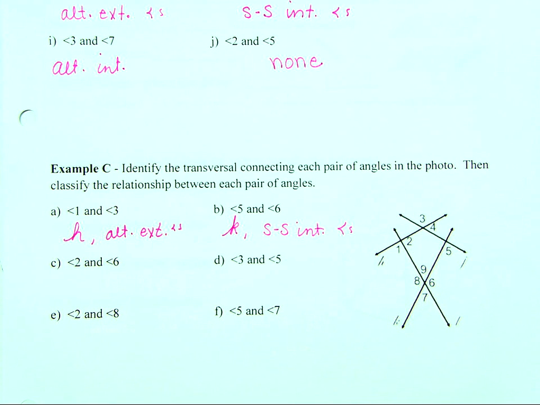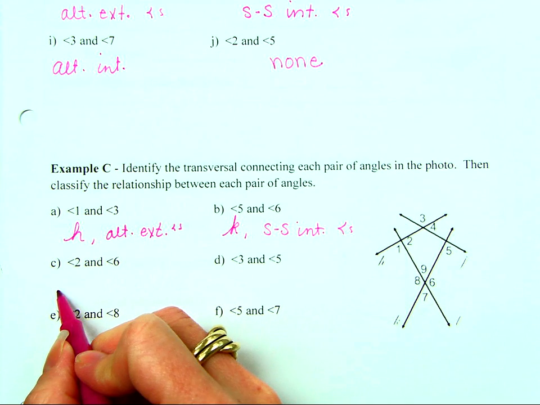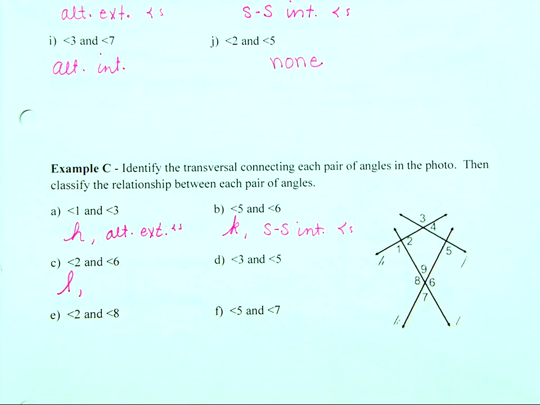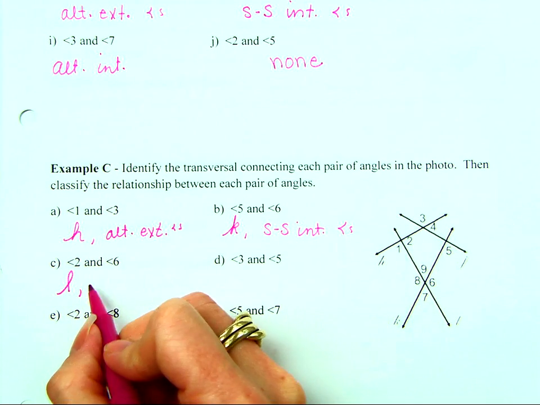Which transversal connects 2 and 6? Well, 2 and 6 is connected here by this line. Again, a little hard to read, but that's supposed to be a cursive L, so it's transversal L. 2 and 6, those are actually going to be corresponding.